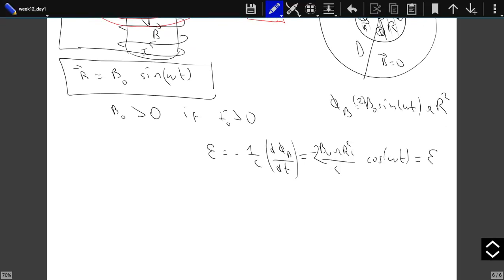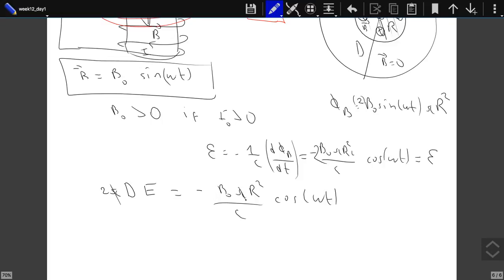You see, if we would go around once, the EMF will be 2 pi times d times E, if you would go around once. In this case, the EMF is minus 2 b0 pi r squared over c times cosine omega t. No, there's no 2.